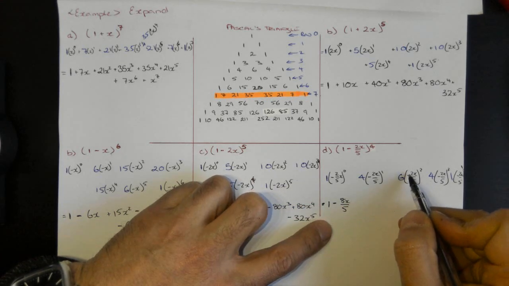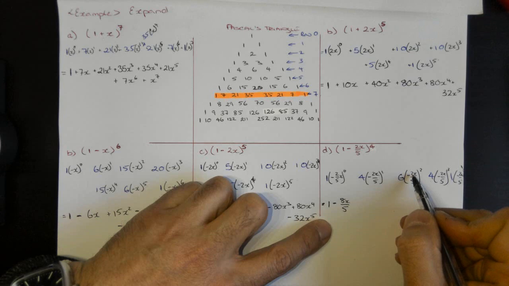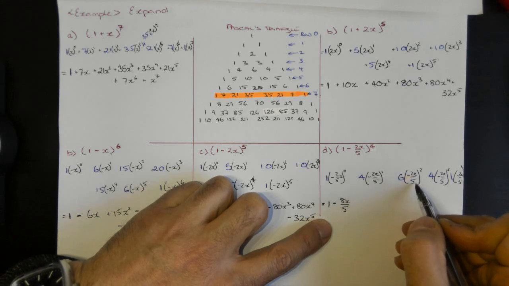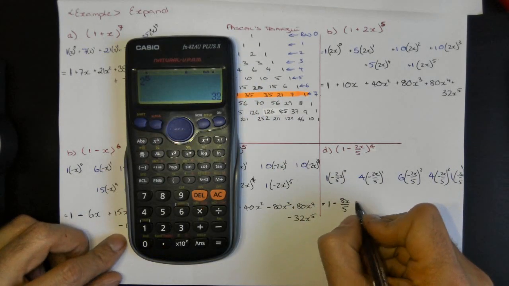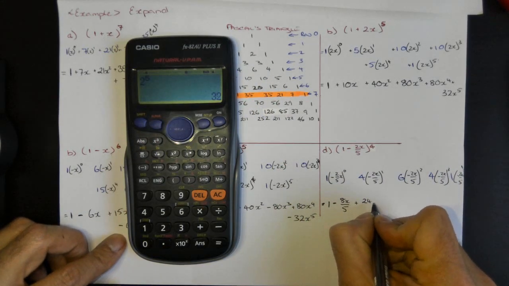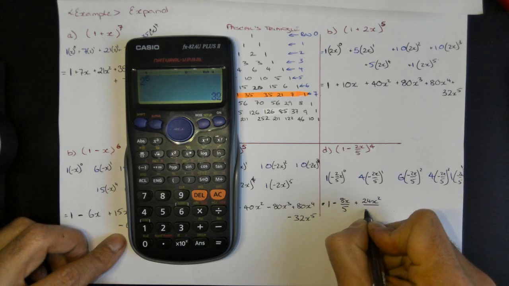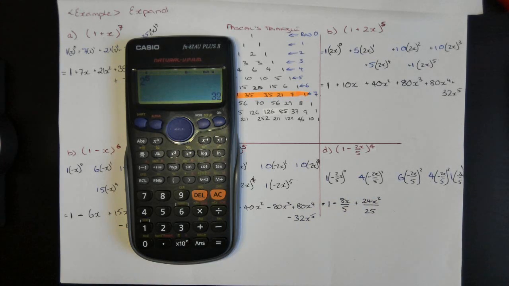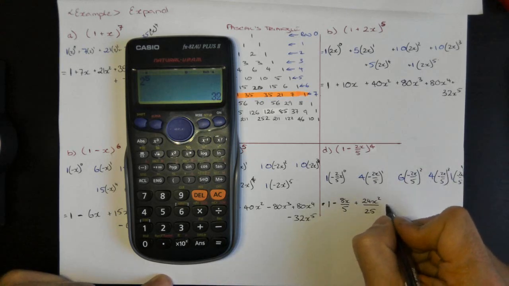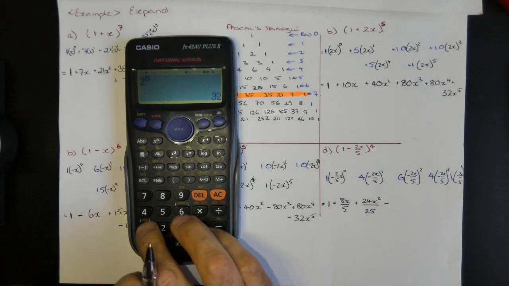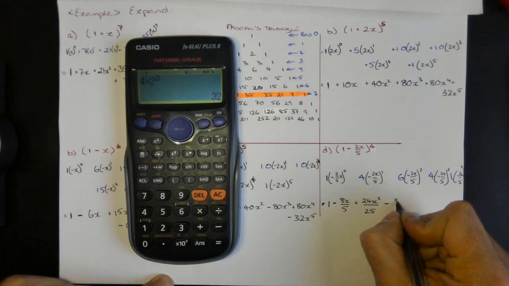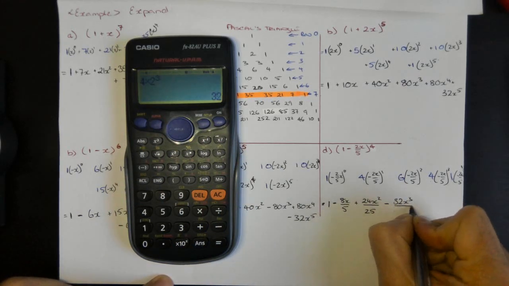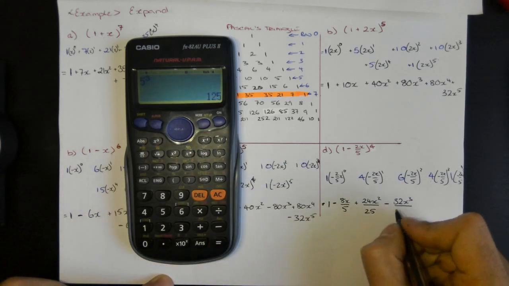Okay. If I was to square the 2, that becomes 4, but I also have to square the 5, so that's 4 over 25. So 6 times 4 is 24, so 24x squared over 25. Okay, so don't forget to square the bottom. This is going to be negative. 4 times 2 to the power of 3 is 32x cubed, and 5 cubed is 125.